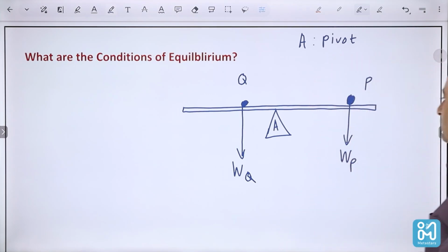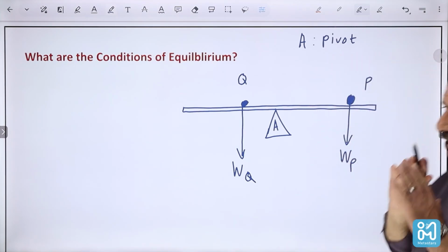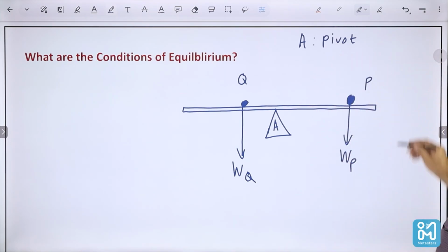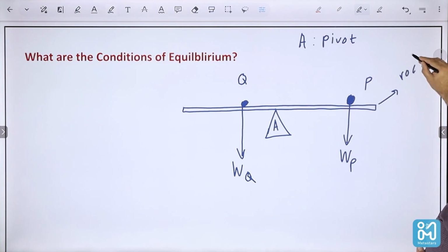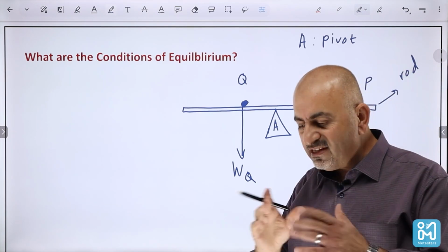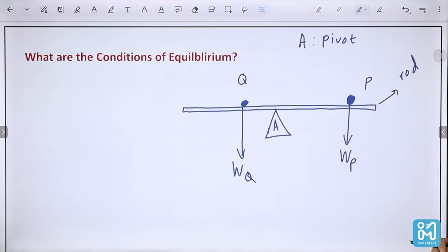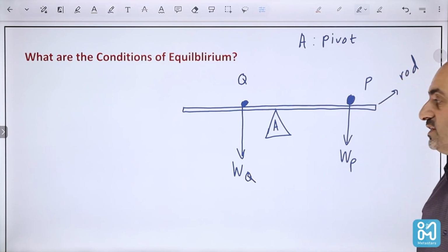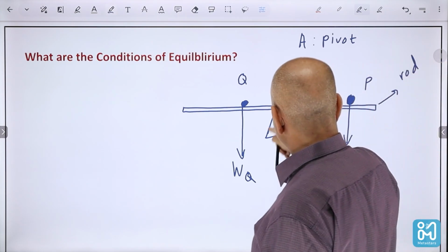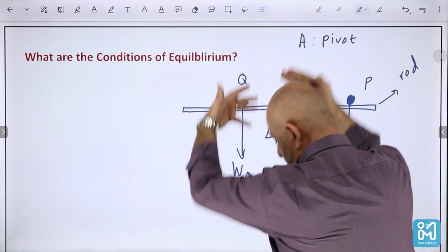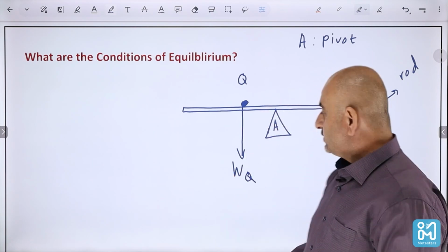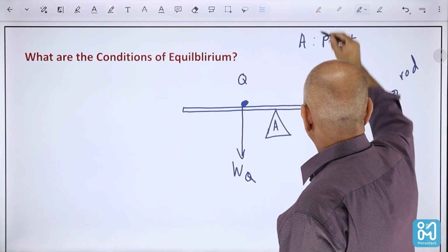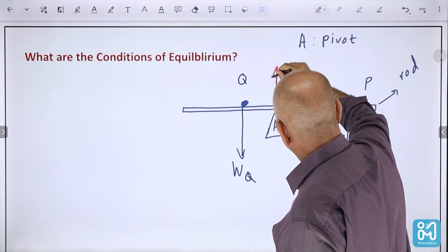Right? Now, if I ask a question, how many forces are acting on the rod? You guys tell me. Are you going to say 2 forces? No, there are 3 forces acting on the rod. Because if that support wasn't there, what would happen to the rod? It would just fall, right? So that means the support is exerting a force on the rod upward.